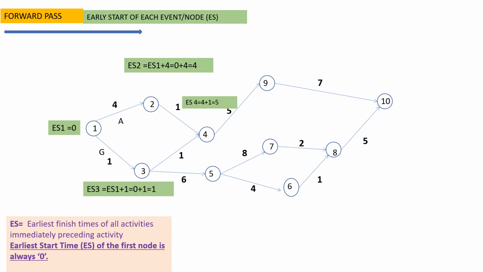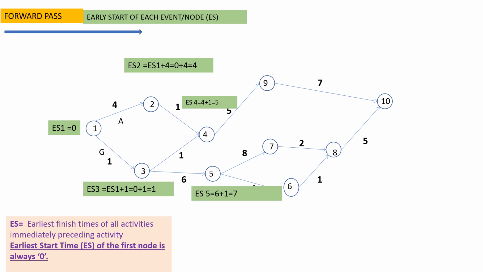If we take activity 3 to 4, early start is 1 plus 1 equals 2. So of these two early starts, we take the early start which is maximum. So maximum early start here is 5. Therefore, we have taken 5 as the early start at event 4.